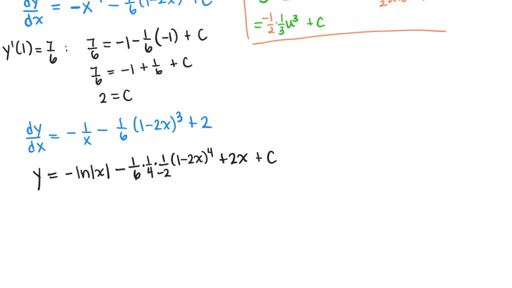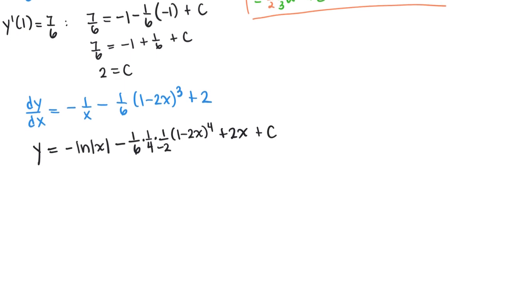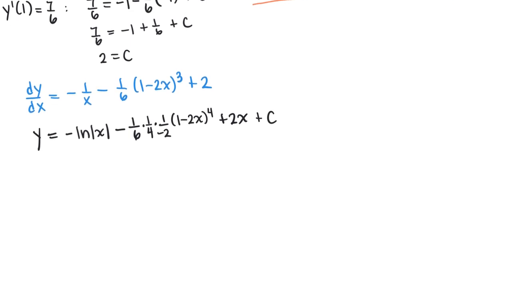Okay, I have my y equation. What did they give me? y of 1 is 0, or you could say at (1, 0). Let's try it. 0 equals negative ln of the absolute value of 1, which is just 1.